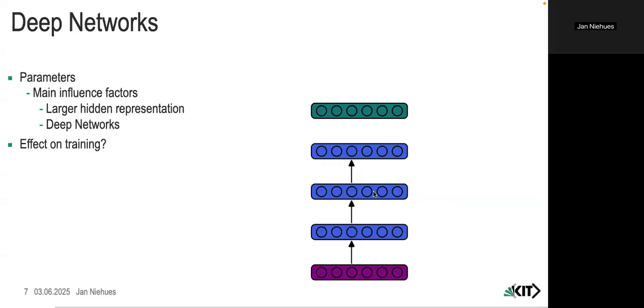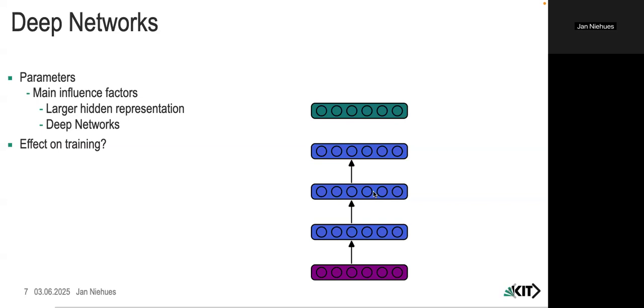If you think about a normal linear layer, how is the increase in parameters if you double the hidden size, roughly? Do you also double your number of parameters, or what would be your estimate?